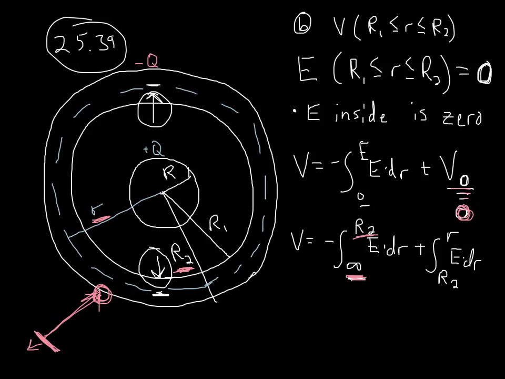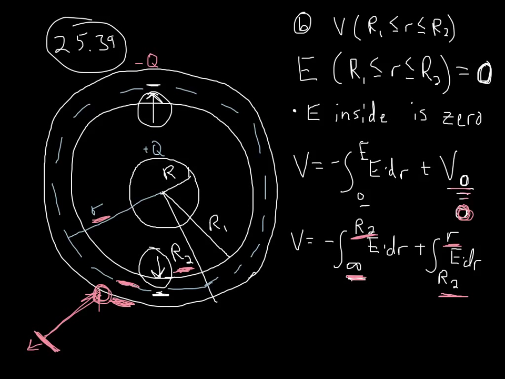But then I need to keep going inwards, from R2 into where my Gaussian surface is, which is my position r. So I need to integrate again from R2 to just regular old little r.